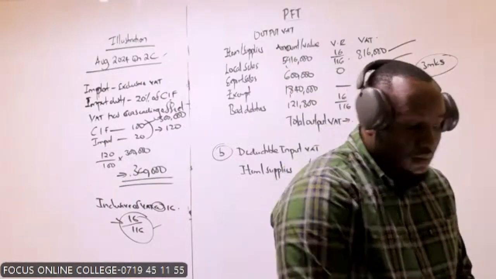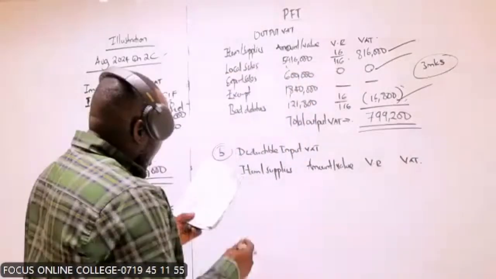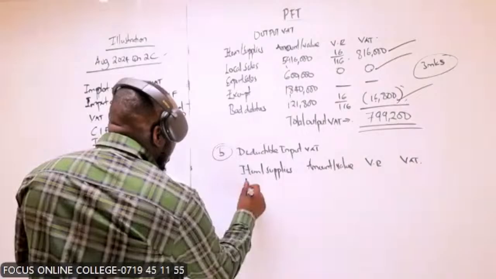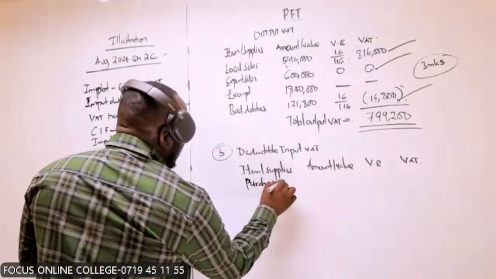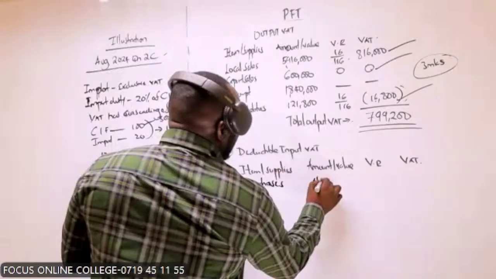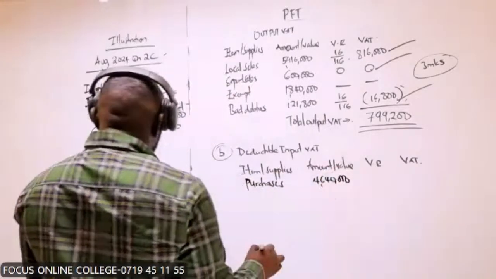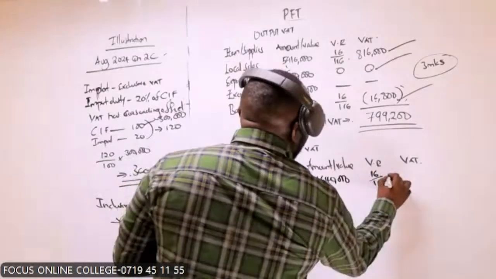So we proceed, and we are saying the first is purchases. 4640. (16 over 116). Get for me that.